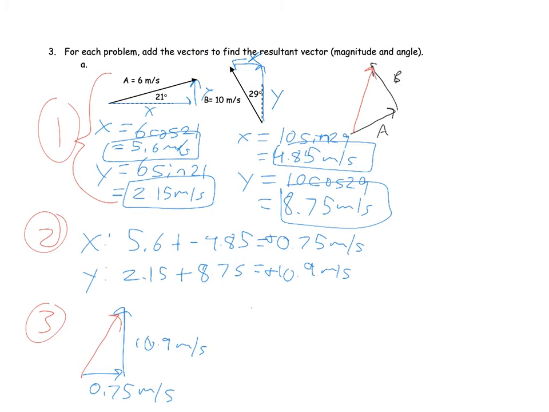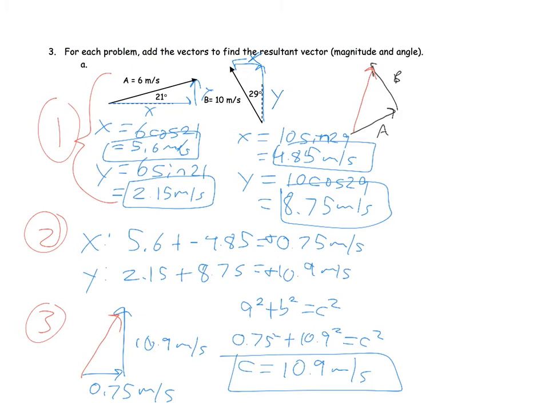So to get the hypotenuse, I'm going to Pythagorize this. A squared plus b squared equals c squared. So 0.75 squared plus 10.9 squared equals c squared. And so I get that my hypotenuse here, the magnitude of the resultant, is 10.92 meters per second.